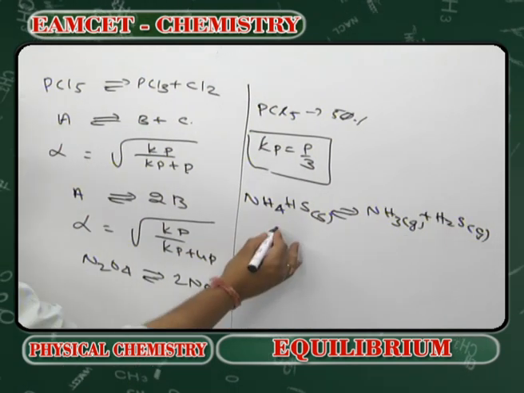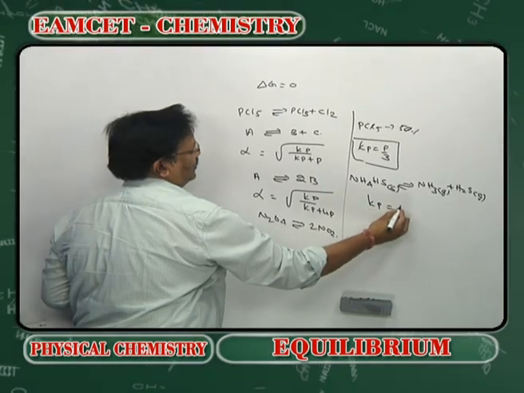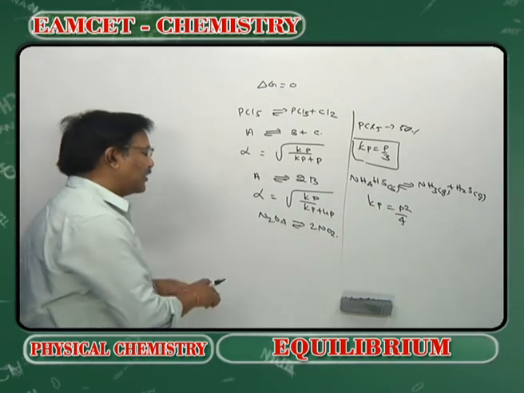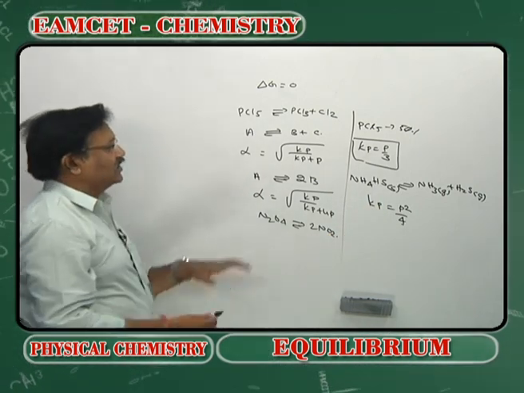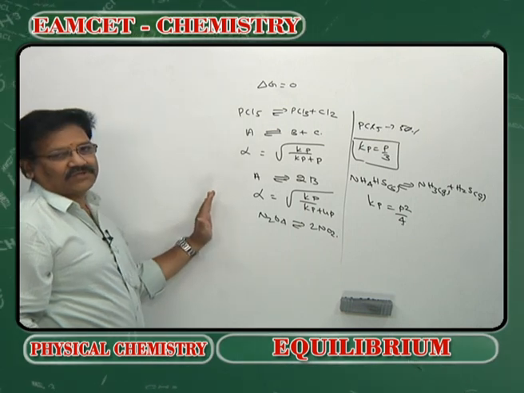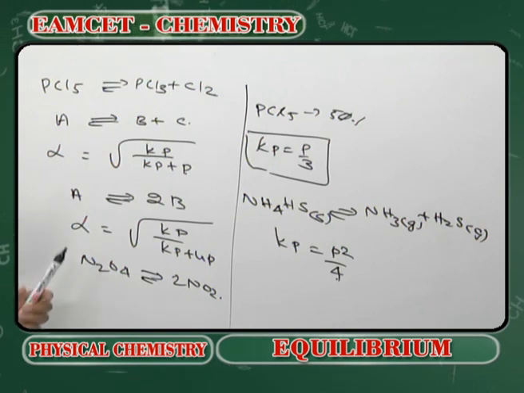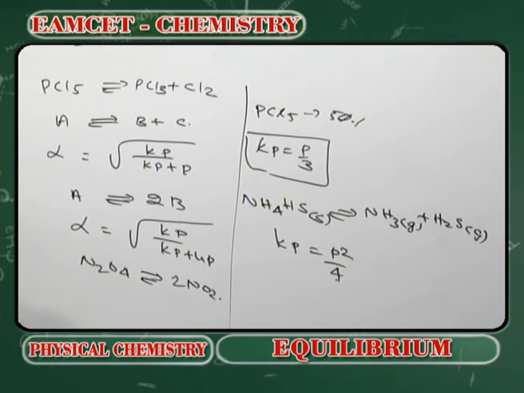For this equilibrium, Kp will be equal to P square by 4. These are the important relations which students are advised to remember as far as chemical equilibrium is concerned.